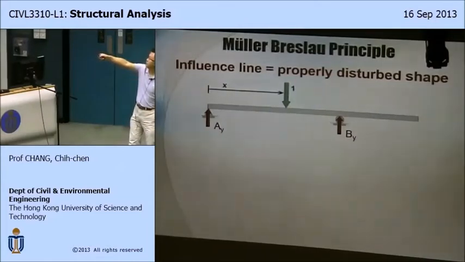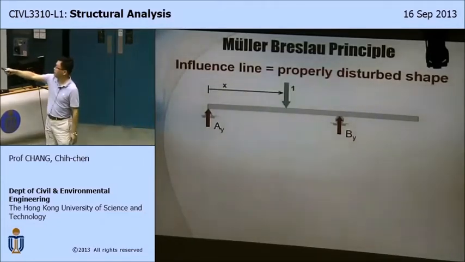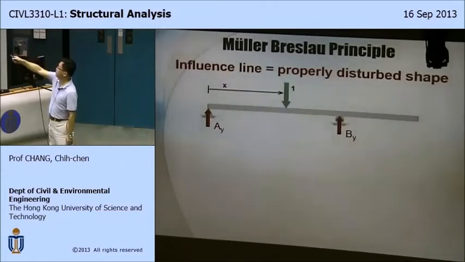So I'm going to illustrate how I can use this concept to construct an influence line now. The Muller-Breslau principle says that the influence line is equal to a properly disturbed shape of the structure. So I have A and B. This is a structure. This is the downward unit force. And I'm trying to construct the influence line for AY.